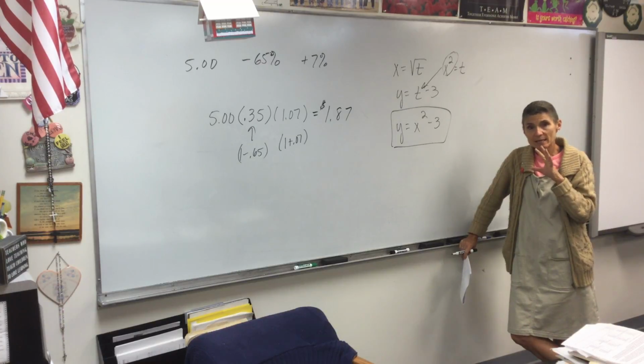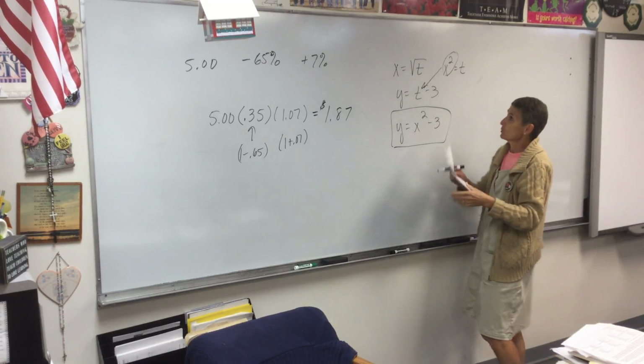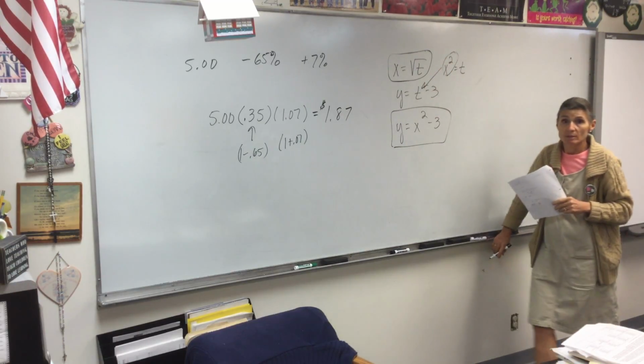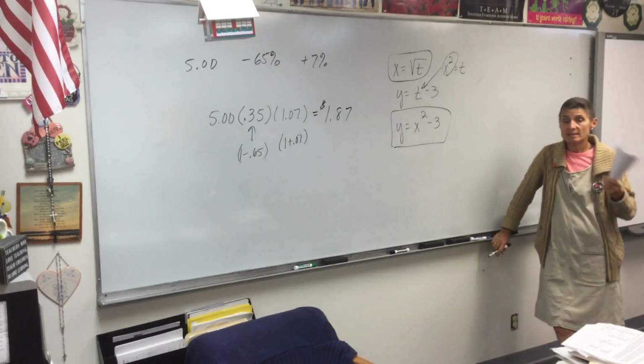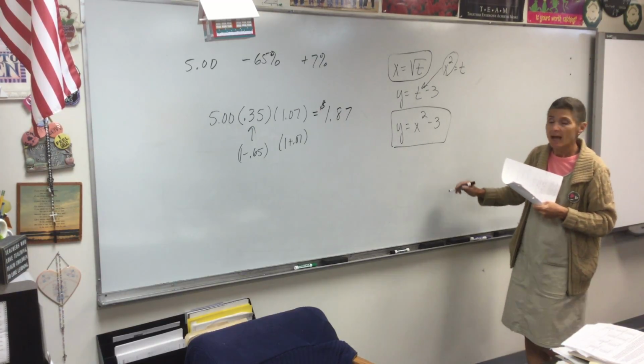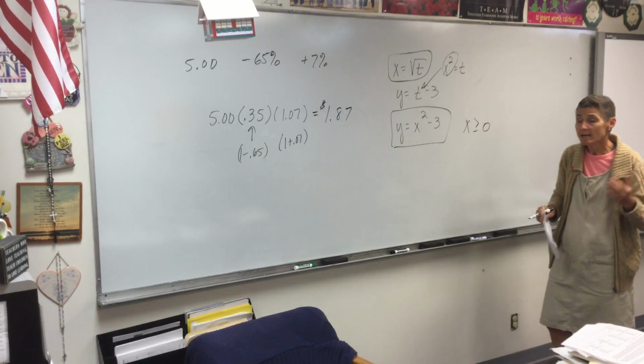Go back to the beginning to where this all came from, which is right here. This is where your x's came from. Notice that x equals the square root of t. So x has to be greater than or equal to 0. Why?